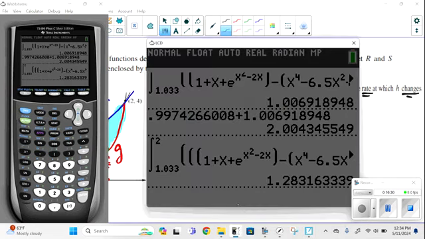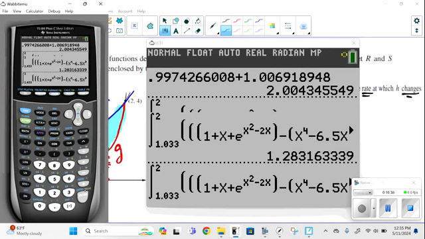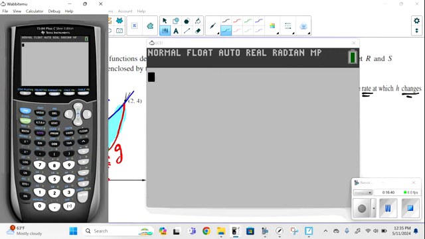I wonder, can I delete the integral and keep the integrand? No, don't tempt me. All right, so I'm going to go to math 8. That means I'm going to take the derivative with respect to x. In here, it's going to be f of x minus g of x.